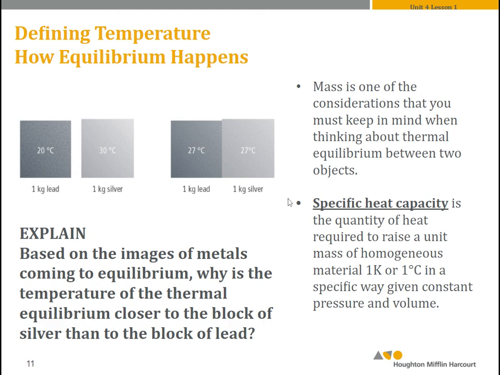Well, they're the same mass, so it must have to do with this property, specific heat capacity. It takes more energy to change the temperature of a kilogram of silver than it does a kilogram of lead. Lead heats up and cools down more easily than silver does. So lead has a lower specific heat capacity than silver.